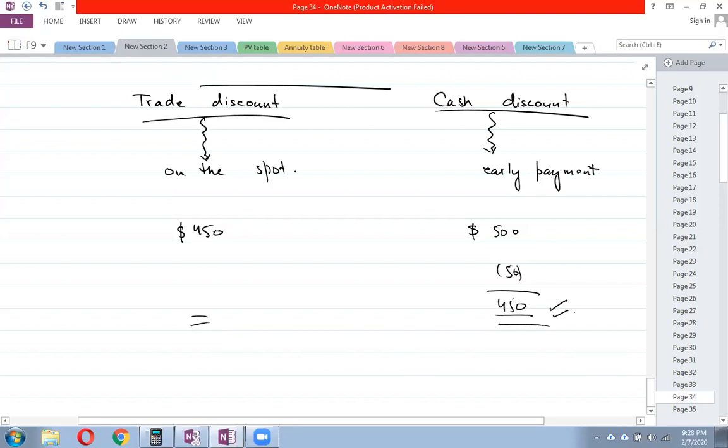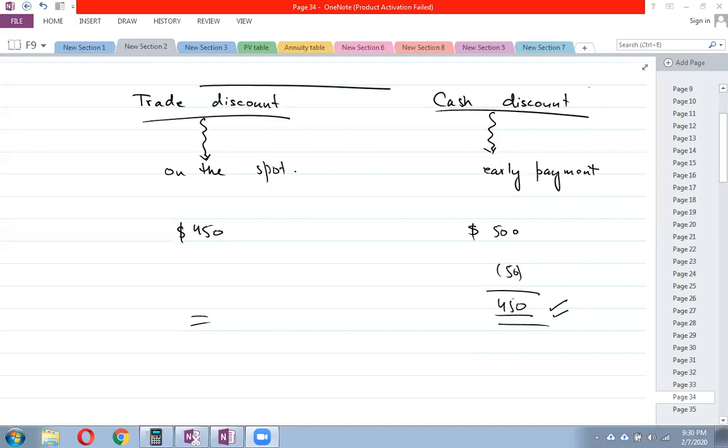Nowadays, the examiner thinks that, well, trade discount is different from cash discount, right? Let me say it again.